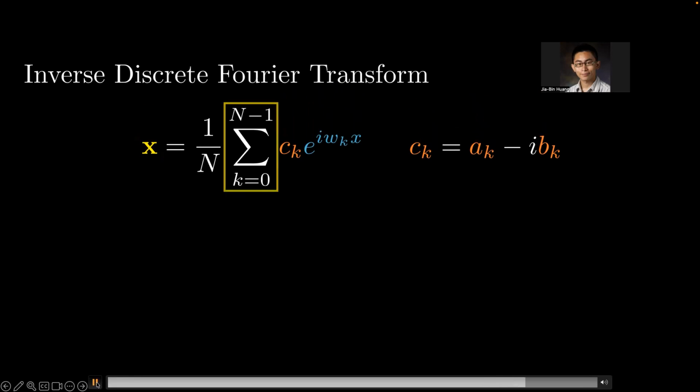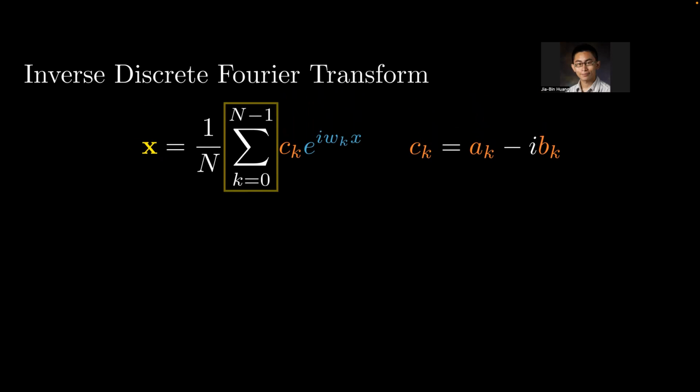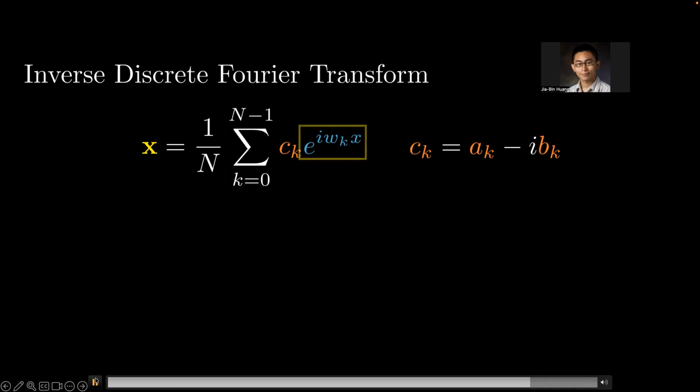The discrete Fourier transform basically says that I can take any signal X and represent it as a sum of sinusoidal waves with some complex coefficients, right? That is the inverse Fourier transform. And at the same time, you have the forward Fourier transform.